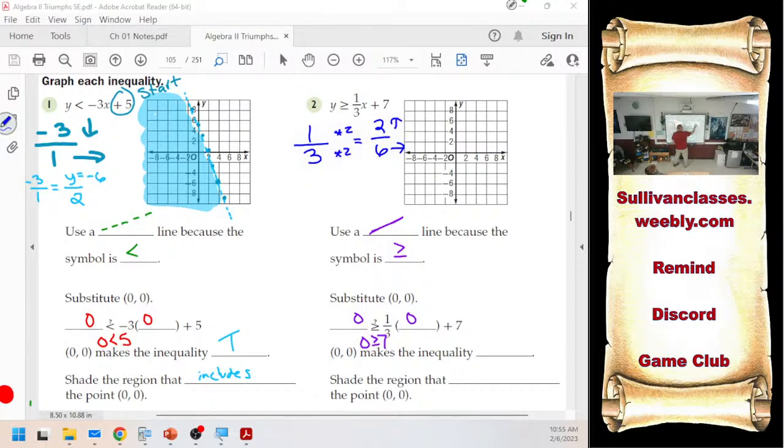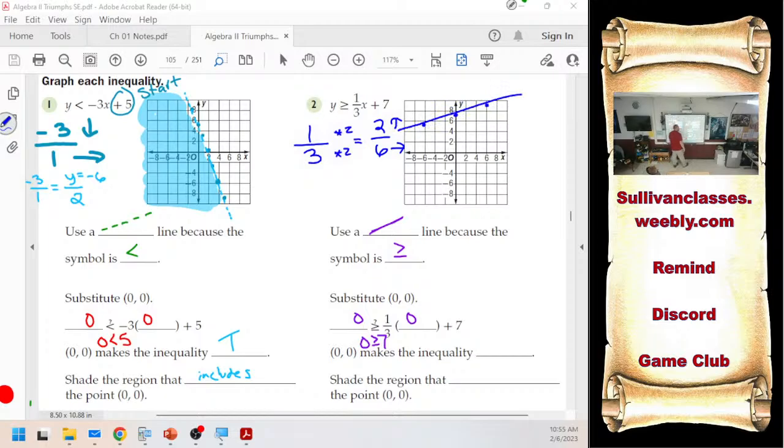So I'll start at 7, and then I'll go up 1, 2, over 1, 2, 3, 4, 5, 6. Down 1, 2, over 2, 4, 6. So you can do it that way if you don't like the 1/3 with going by twos.